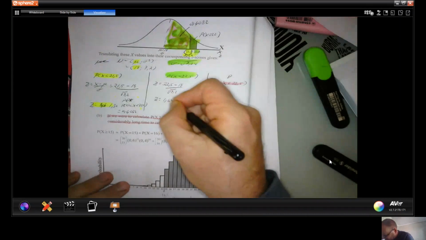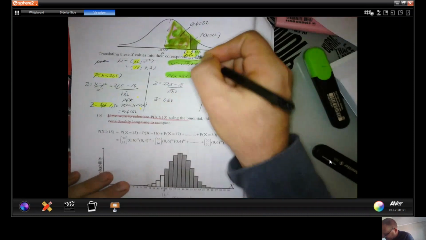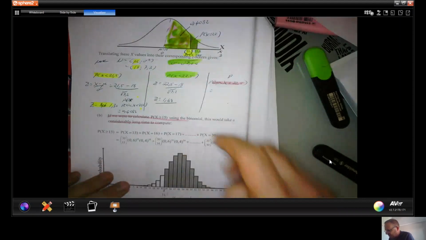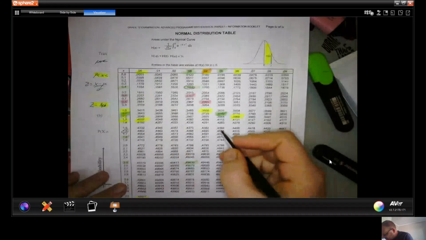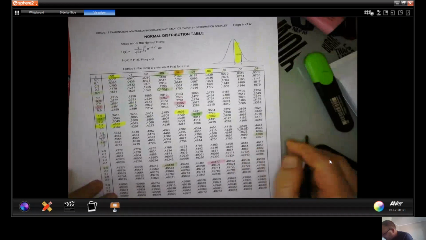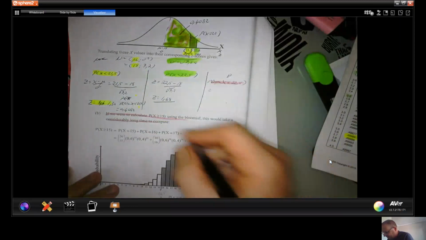So your z score that goes with this here is 1,68, right? And to work out the probability of the green area, you're going to get your table, look up 1,68, and 1,68 is over here. So it's 0,4535. Okay.